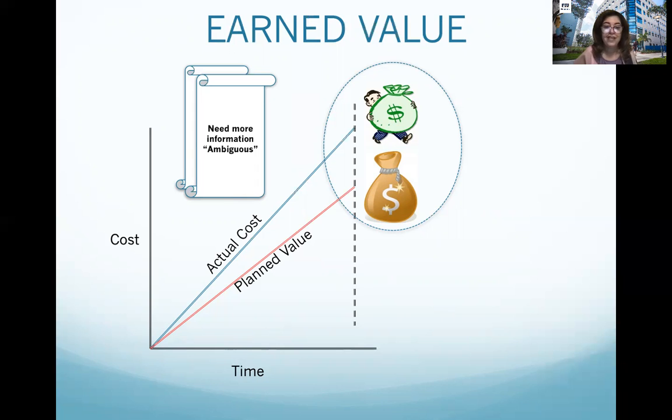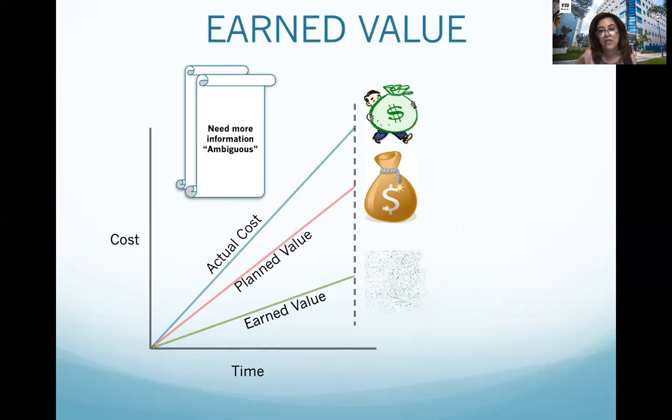However, if the CAPM exam is giving you the earned value, we know for sure the status of the project: you can calculate the cost variance, the schedule variance, the CPI, and the SPI. And also, you will be able to make a forecast calculation. So let me just refresh the formulas for this.